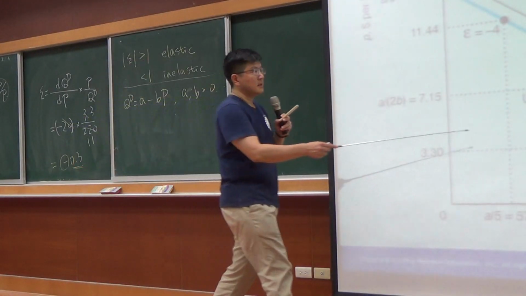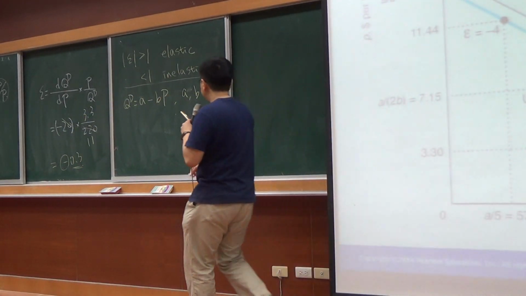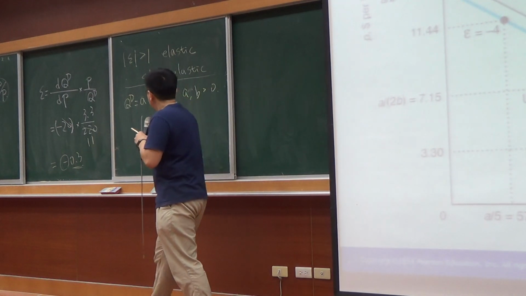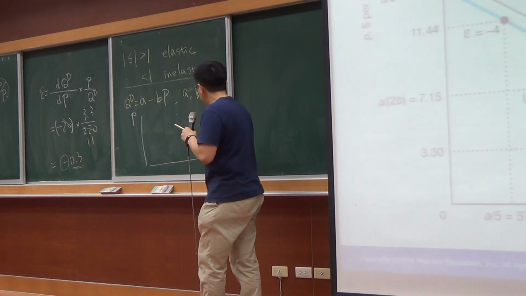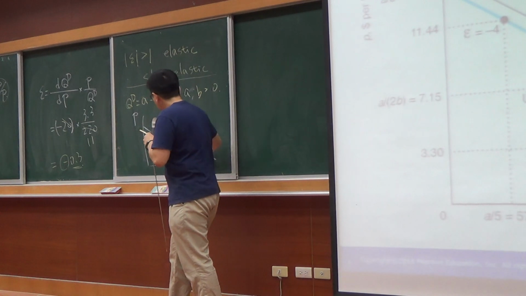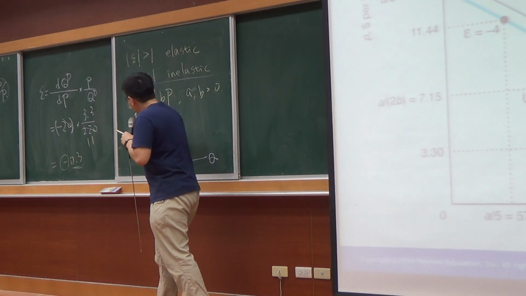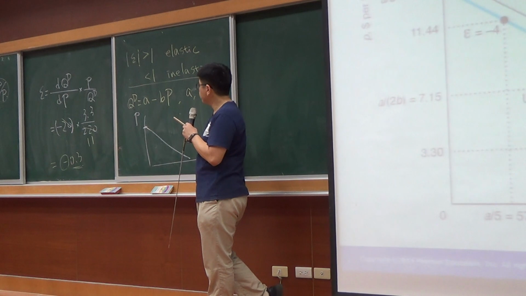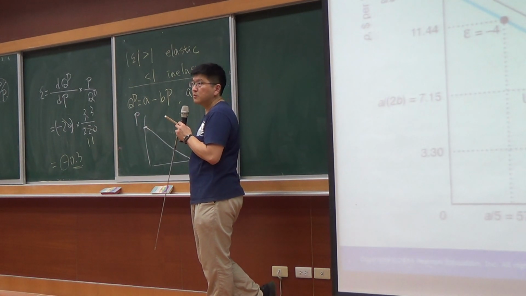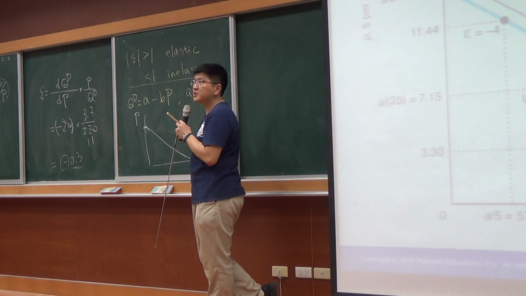And price and Q. What would be the vertical intercept?